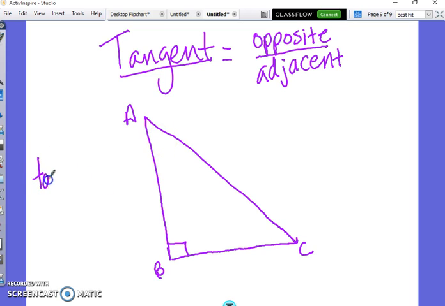Instead of putting letters, you could use symbols. A lot of times they denote angles with the Greek letter theta.